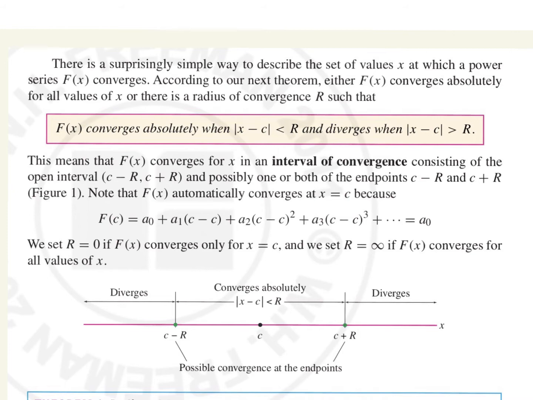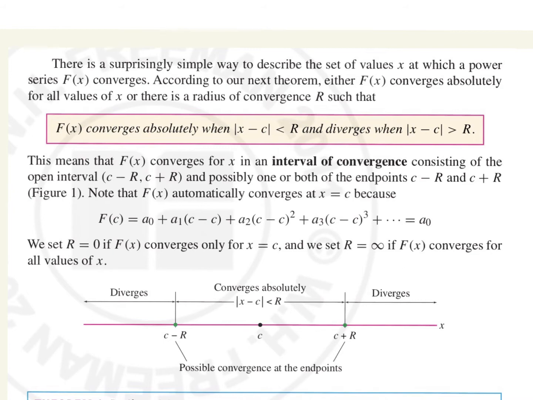It is on Canvas if you want to pull up the outline version of the notes, or this is straight from the textbook. Things that you need in the yellow there: f of x converges absolutely if the absolute value of x minus c is less than r, and r is known as the radius of convergence. And it diverges if that absolute value is greater than r.